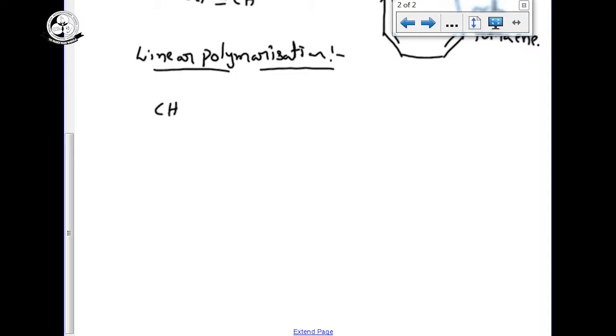Generally, linear polymerization CH triple bond CH. Linear means I am taking the same molecule CH triple bond CH, but I am going to add a cuprous chloride solution. Cuprous chloride solution I am taking.